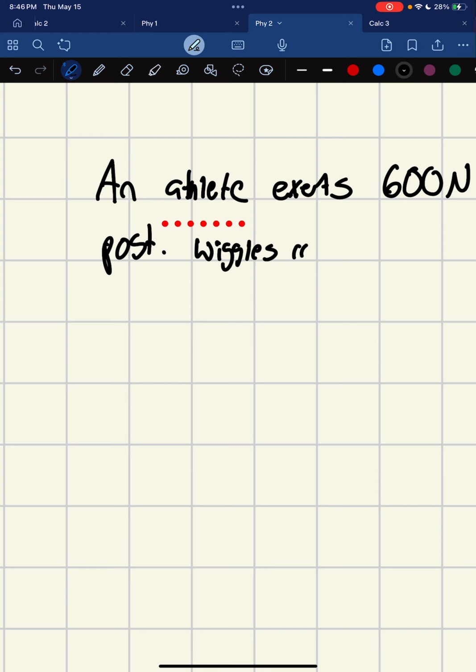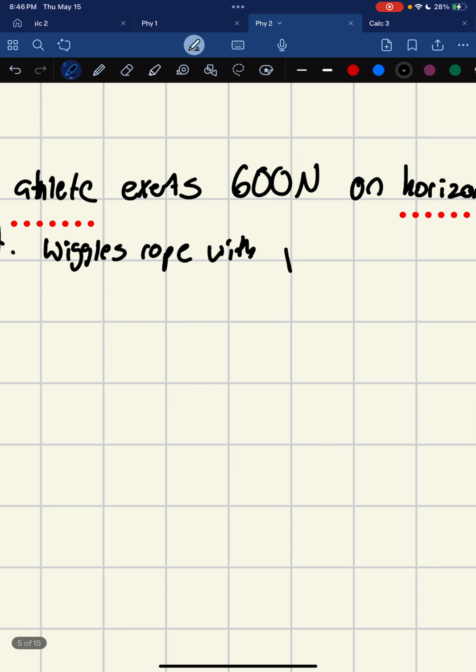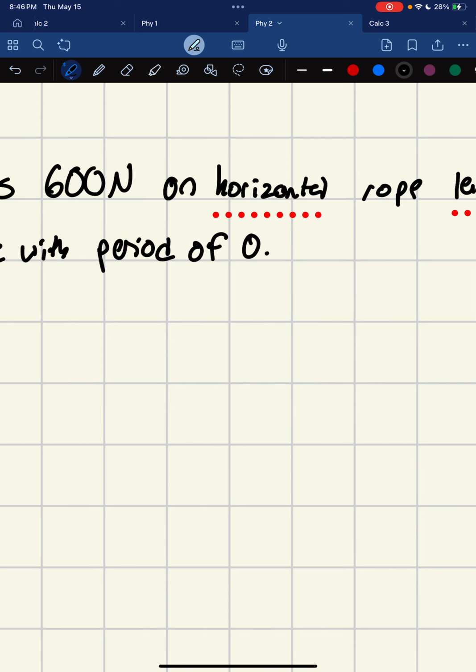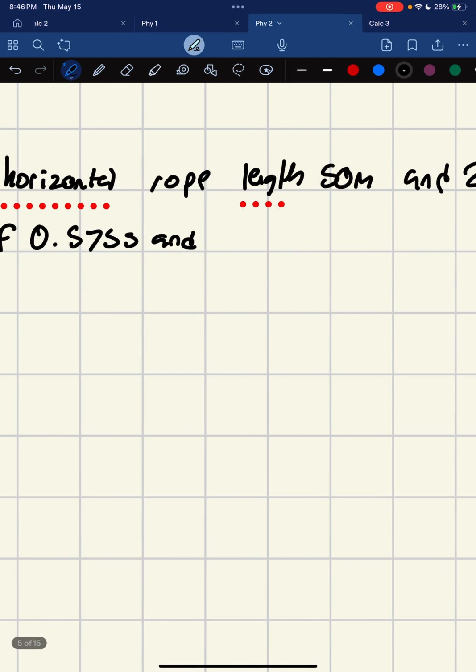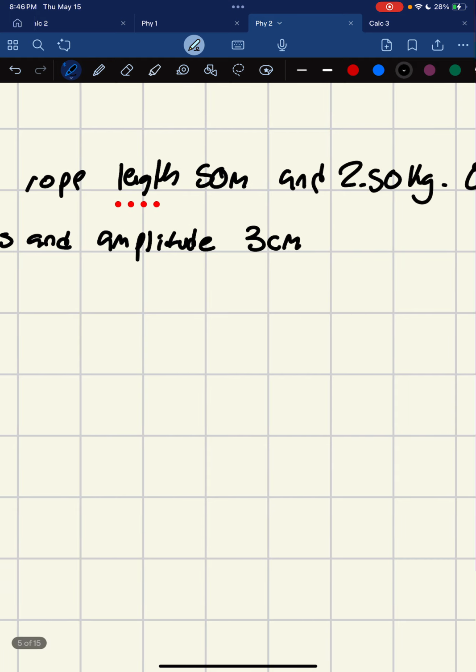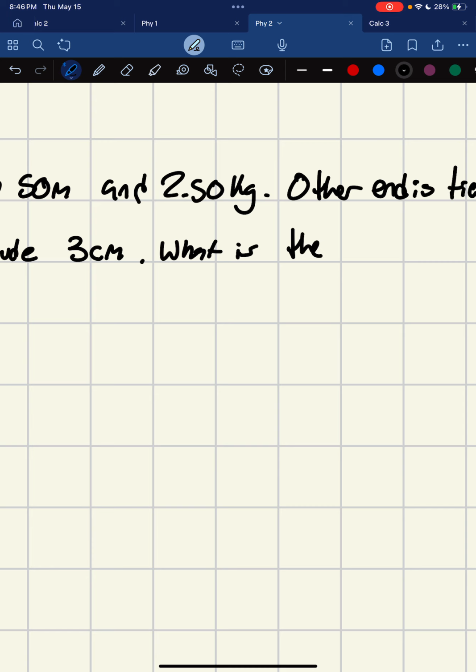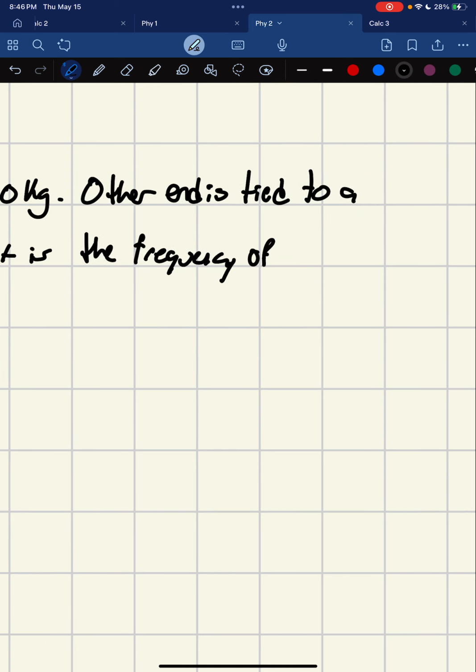Wiggles rope with period of 0.575 seconds and amplitude 3 centimeters. What is the frequency of oscillation?